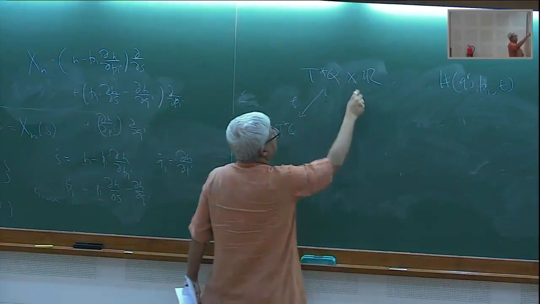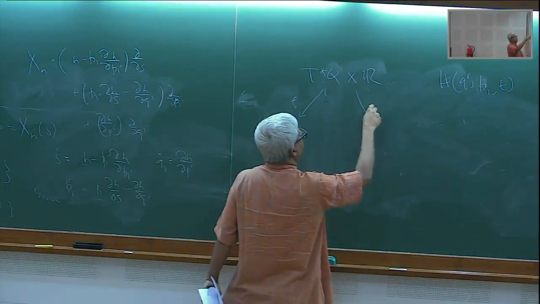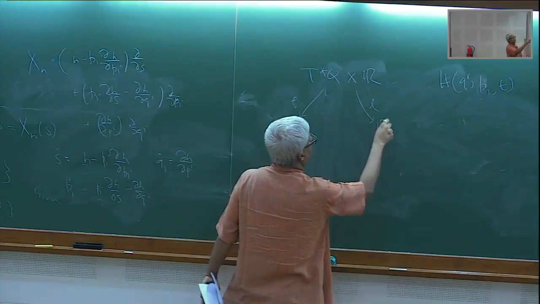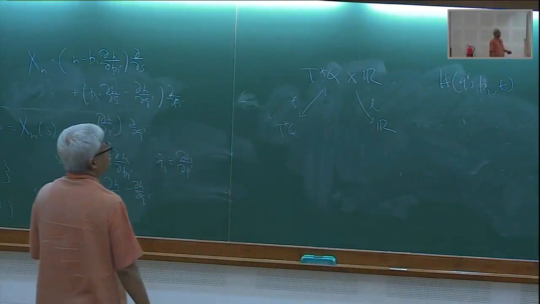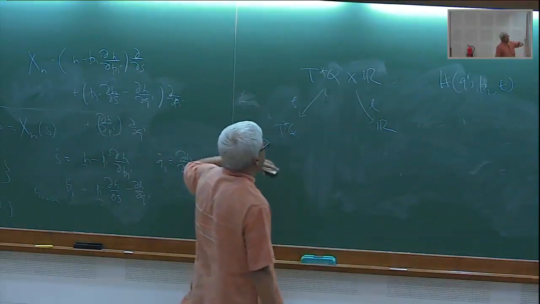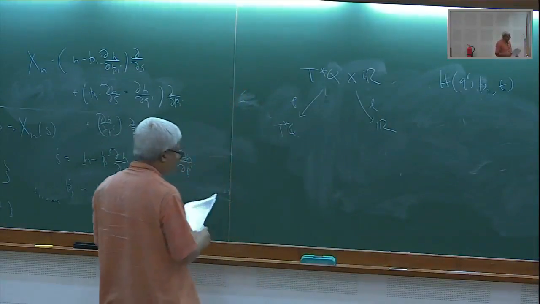This is one, and the other is the projection to R. So this is basically a vector bundle, a trivial vector bundle, nothing more than that.